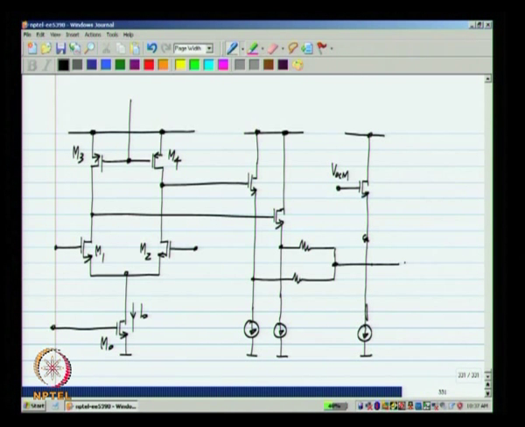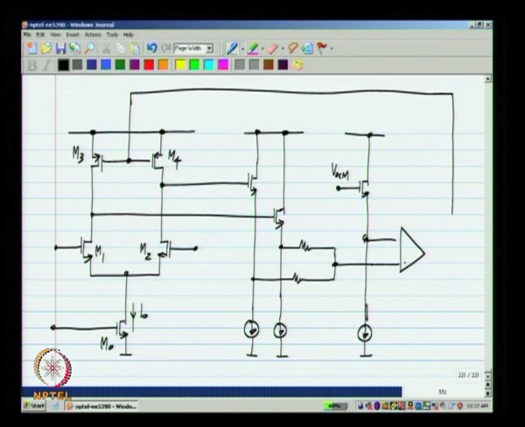Okay. So, we compare these two and feed it back there. Okay.